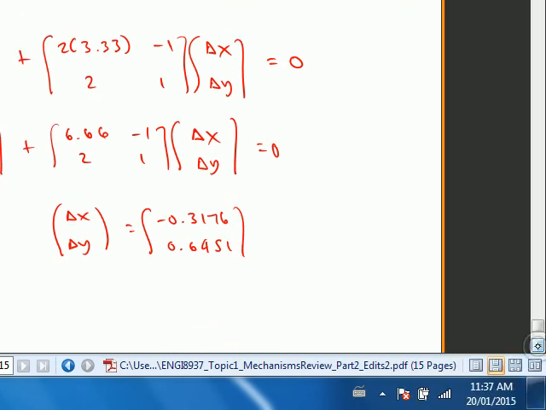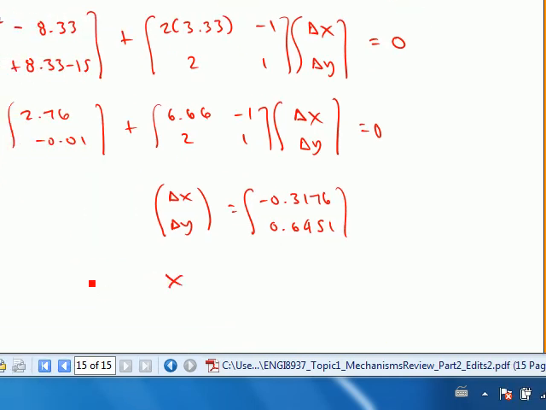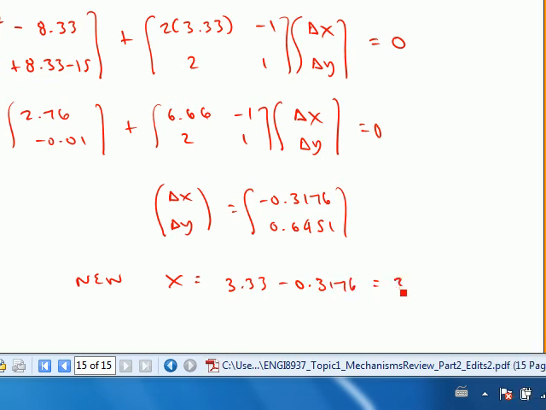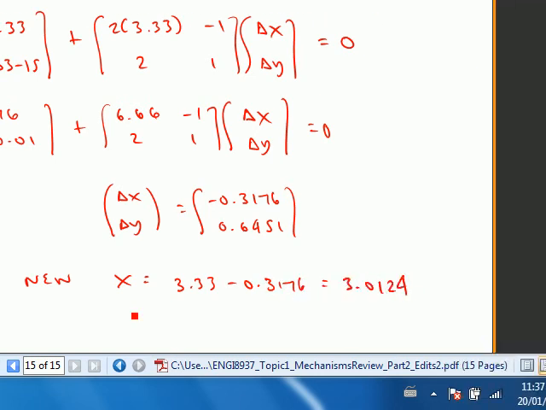And if I do that, my new x will be the x I started with in step 2 plus my negative delta, 3.0124.